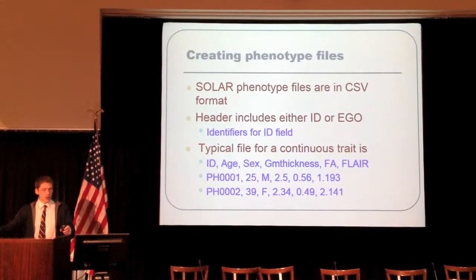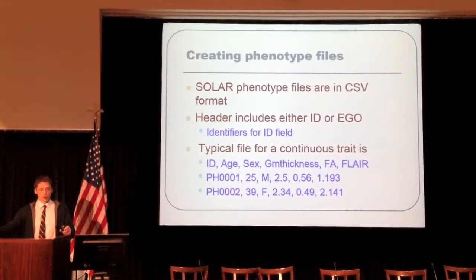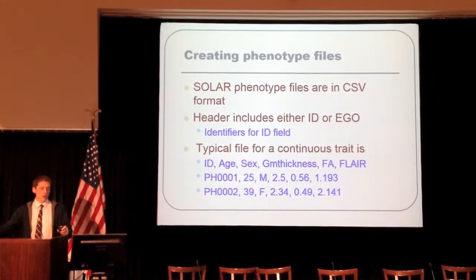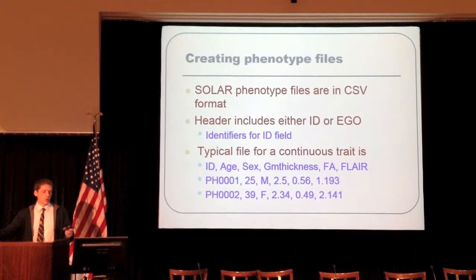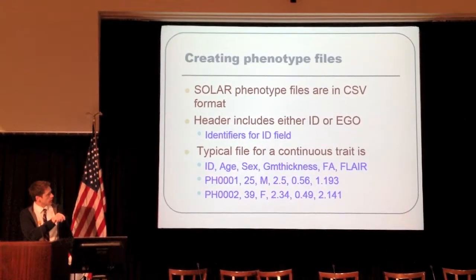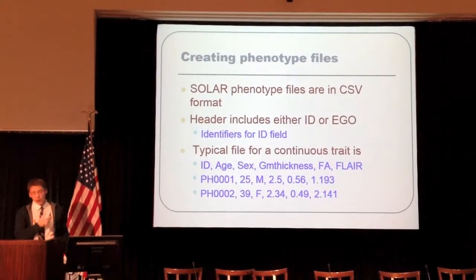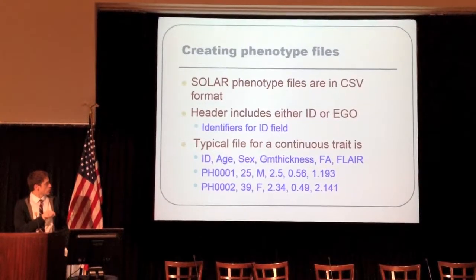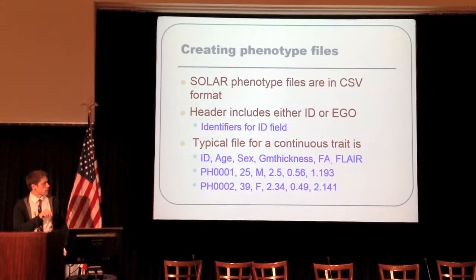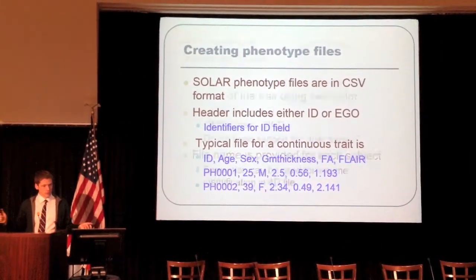And it has to have either ID or EGO to designate the identifier field. Typically, a file for a continuous trait goes like this. The first line is the header, and that defines the trait names. So it's ID, age, sex, and the trait columns, and then you build up the table like this.